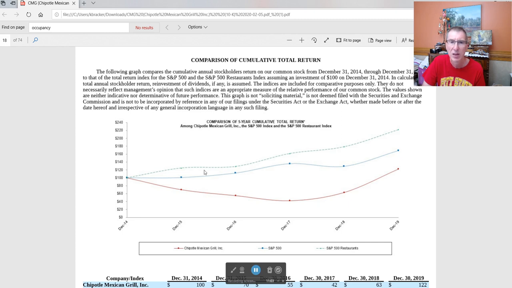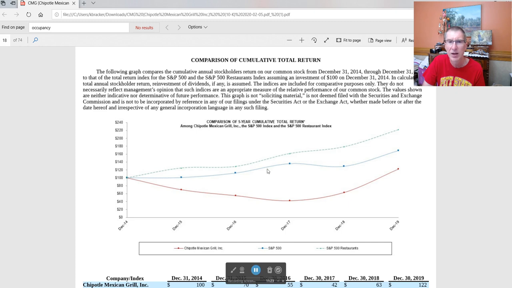Here we see this kind of dashed line, that is the S&P 500 restaurants, and this blue line is the S&P 500 itself. So restaurants have done the best over the last several years. S&P 500 has done well.